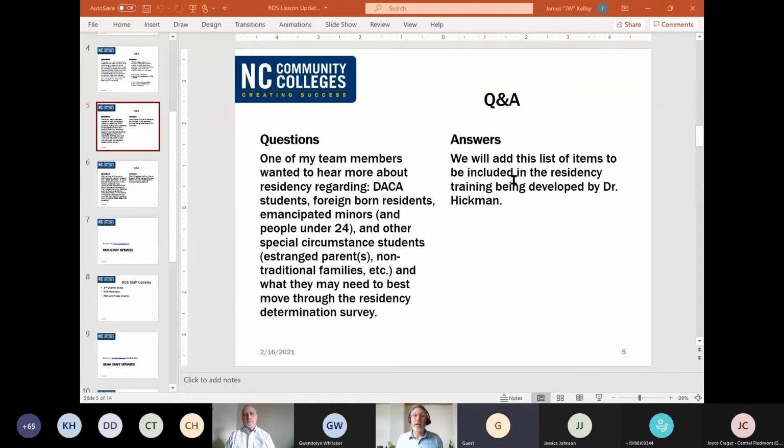There are a couple of things in the chat box I do want to highlight, especially for those of you that might be on the phone. Heather says that there are some actually very good resources on the RDS page for students who are DACA or whose parents are undocumented when they are citizens.